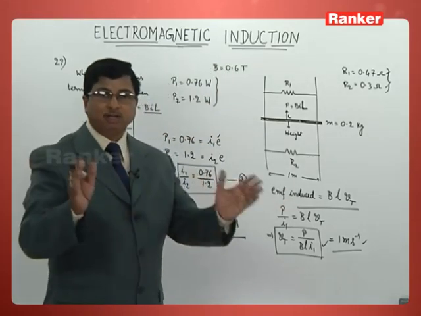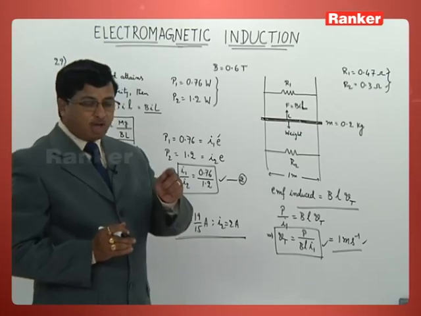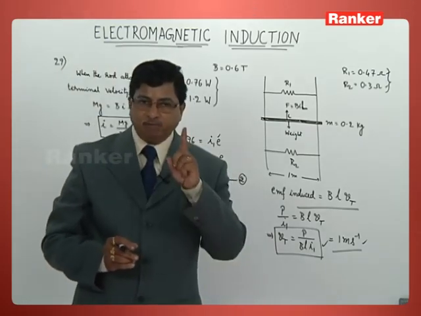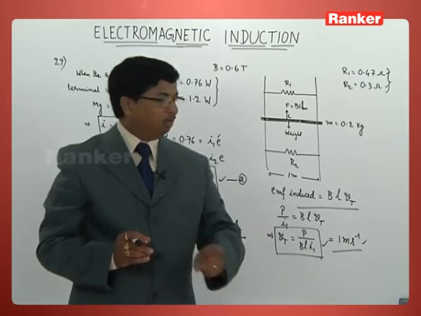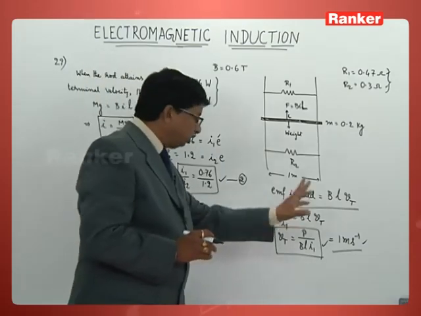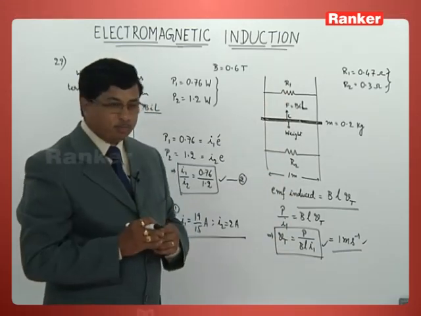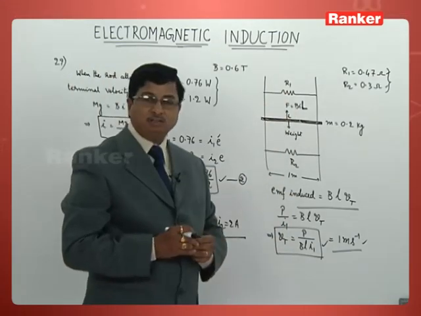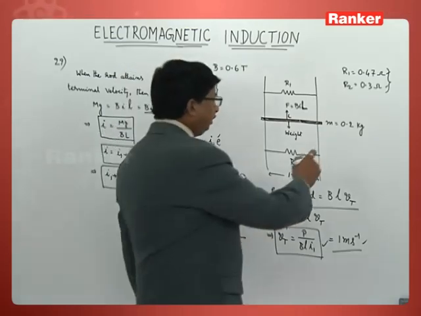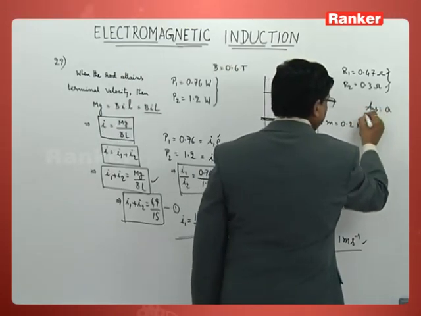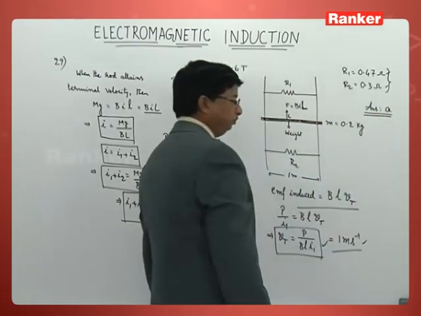These are the three values. Which option has all three? Check once again. The very first option has terminal velocity as 1 meter per second, R1 as 0.47 ohm and R2 as 0.3 ohm. So the correct answer for this question is the first option only.